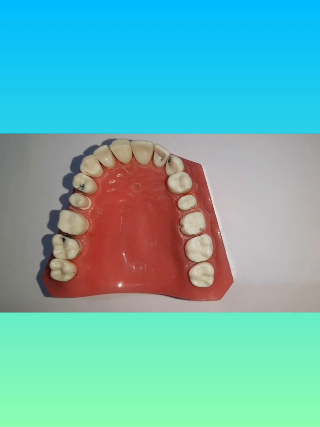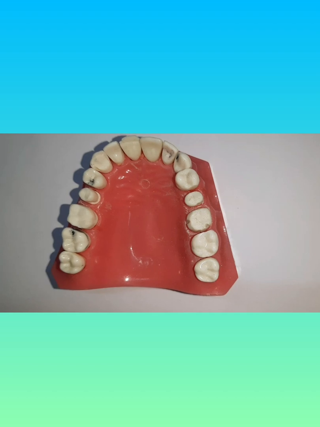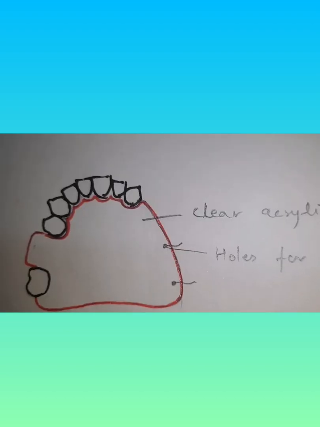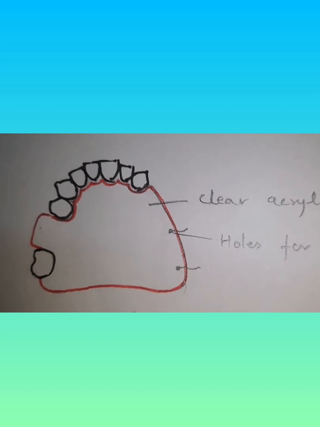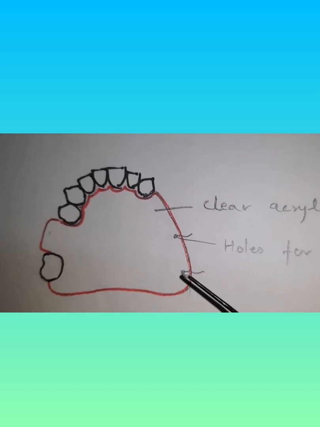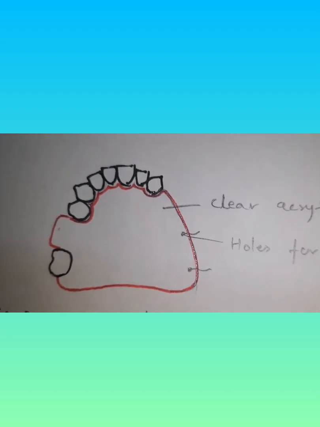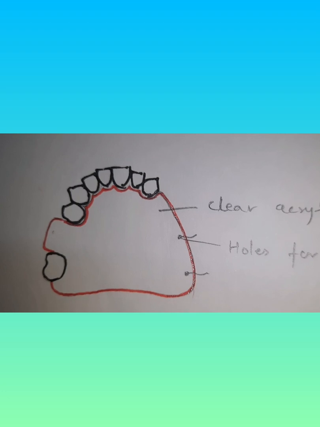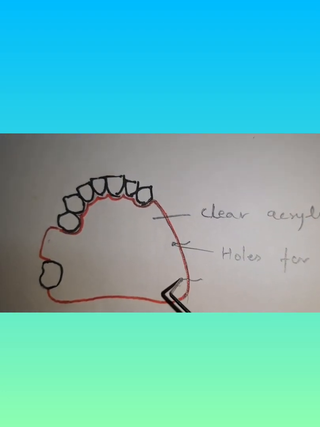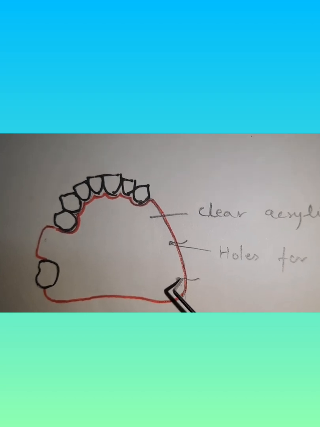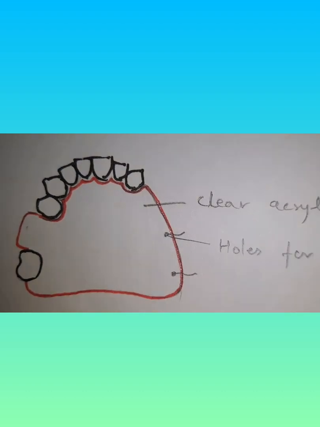Once you have made this prosthesis, you make holes with a burr. These vents are provided so that, post surgery, you can tie titanium wires or other wires and stabilize this prosthesis in the patient's mouth.